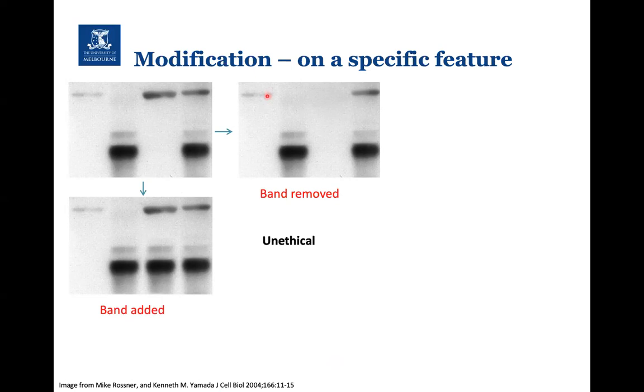In this case, and we'll focus down on this, people are making modifications to a specific feature within a figure. This is our original data, and here they've gone in with Photoshop or something else, and they've removed this band up here, or they've added in some extra bands down there. If you know how to use Photoshop, this is terrifyingly easy to do.